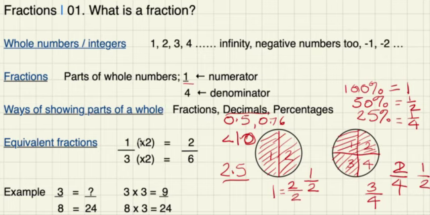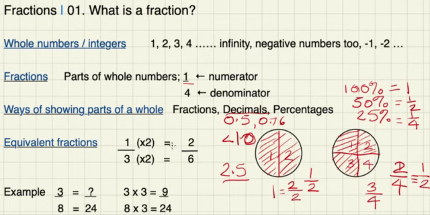So I mentioned the term equivalent fractions earlier on. So a half is the same as 2 over 4. And in this example, this is 1 over 3. We can make an equivalent fraction from this. We can, for instance, multiply 1 by 2.